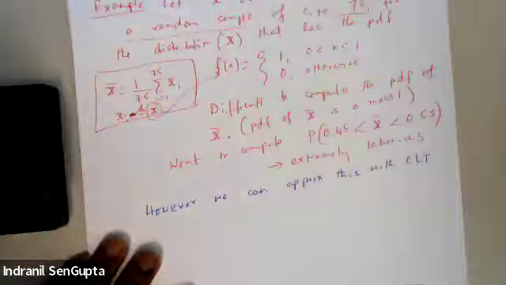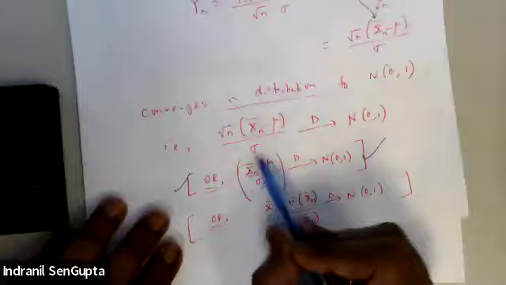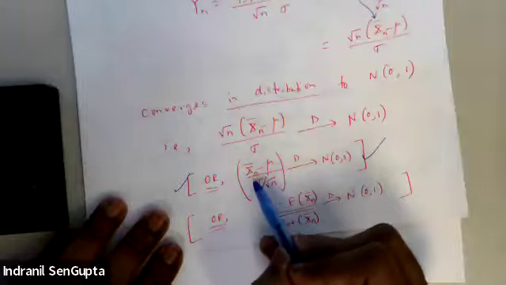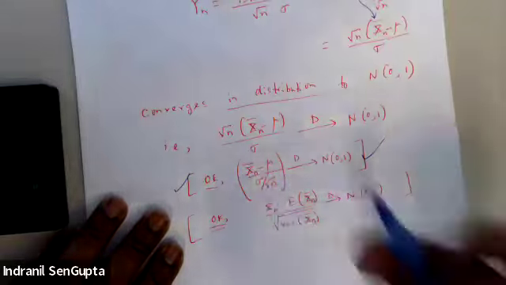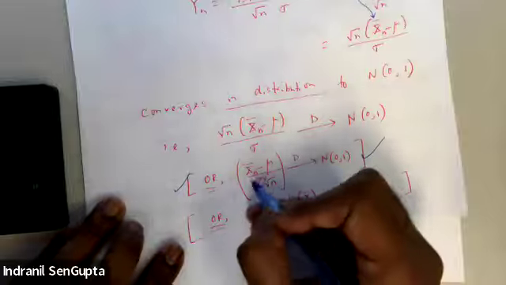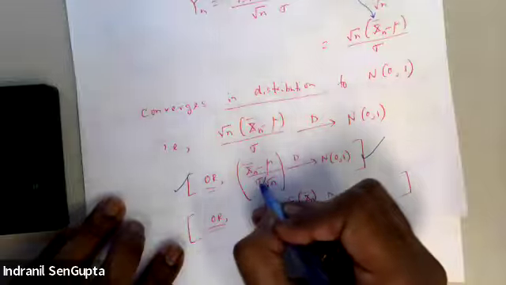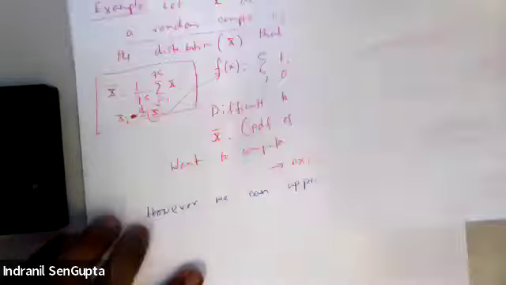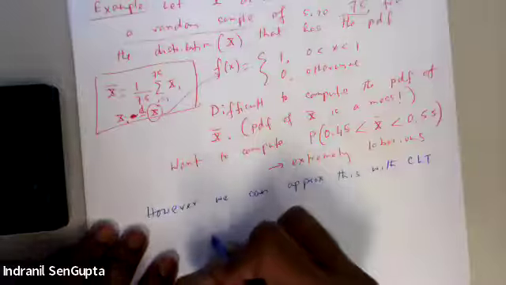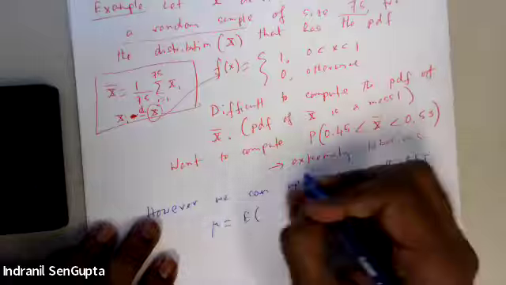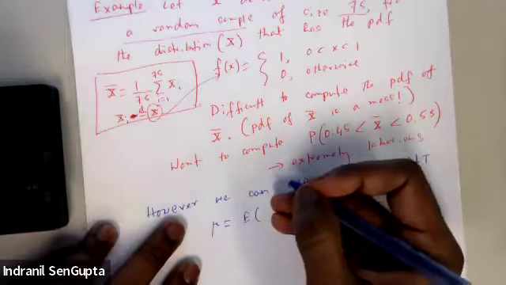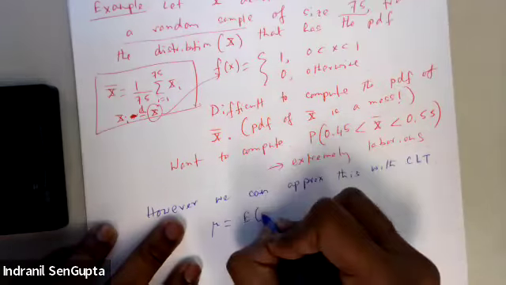So for computing this using the central limit theorem, if I use this version, remember Xn bar is the same as X bar in our case because n is fixed at 75, which is a very large number, right? I have to compute mu, I have to compute sigma, and n is 75, right? So let's compute mu. So how do you compute mu? So mu is the expected value of X bar.